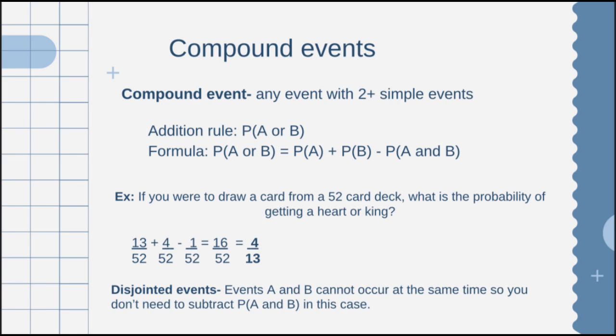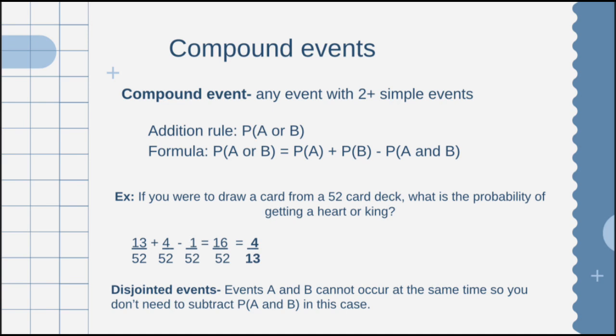So putting this in writing a little bit, we have the drawing card example. If you draw a card from a 52 card deck, A would be getting a heart, and event B would be getting a king. So events could overlap in this case because the card can be a heart and a king, the king of hearts. And this means that the events are joint, and you do need to subtract at the end. In this case, because there are 13 hearts in a deck, you put the 13 over the 52, which is the total amount of cards in the deck.